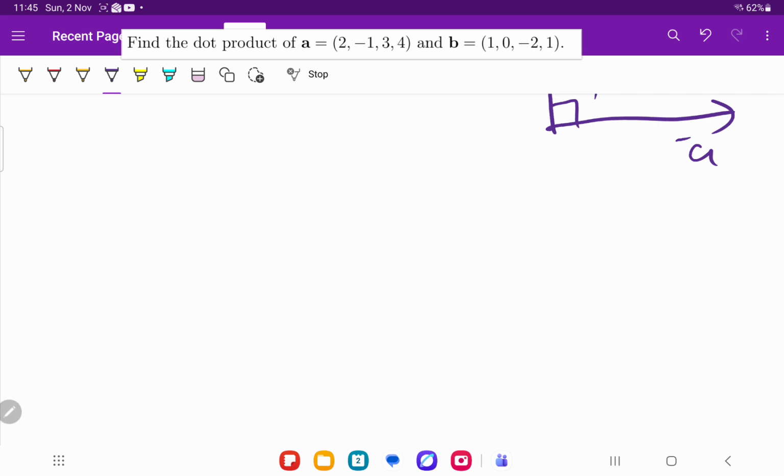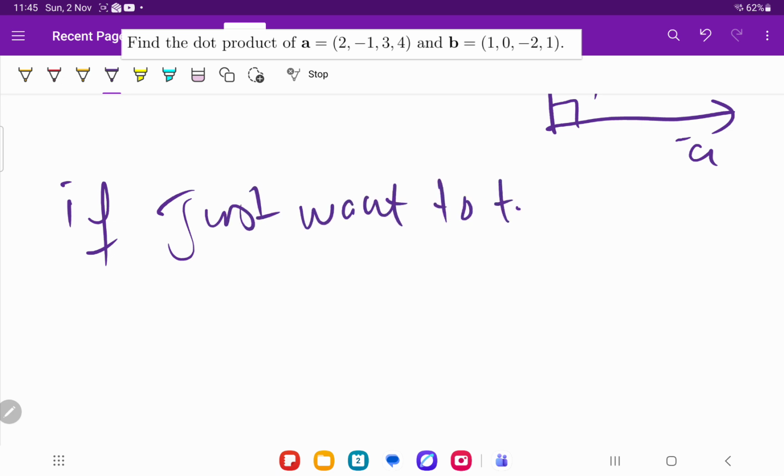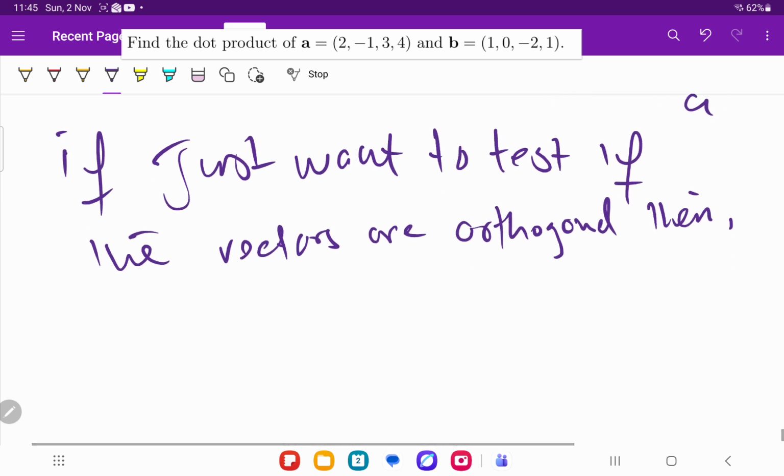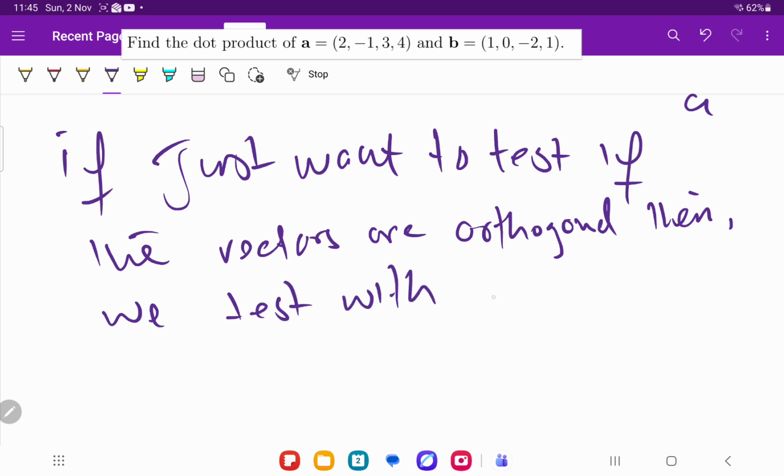So let me write here. If we just want to test whether the vectors are orthogonal, then we test with the dot product.